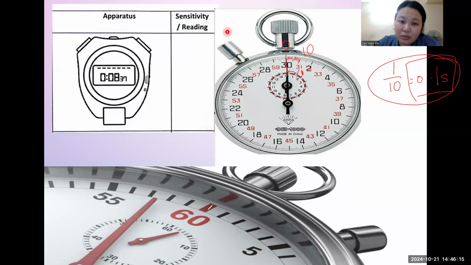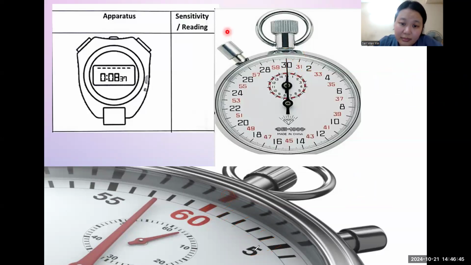But if the stopwatch stops at 60, it means 1 round, 60 seconds. So it will be like this. See, this is 0, 1, 2, 3, 4, 5. Oh no, this is another type. So for this one, the smallest will be 1 second. But there's one more type, like this.